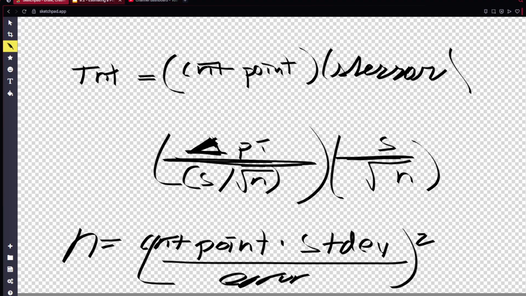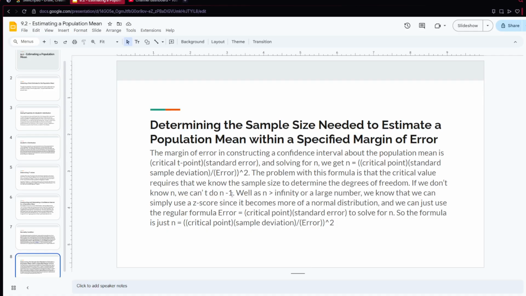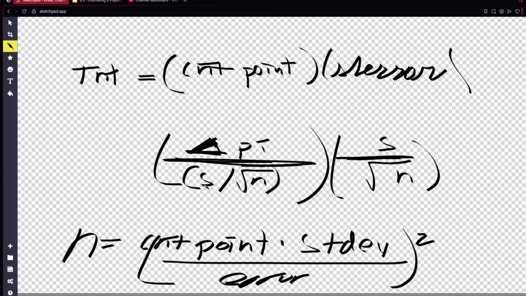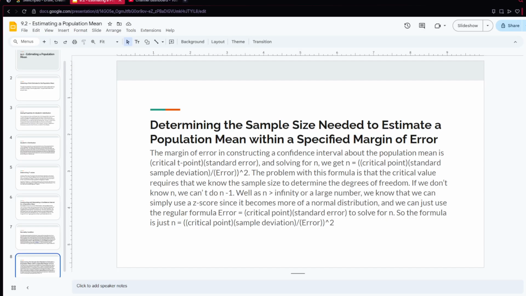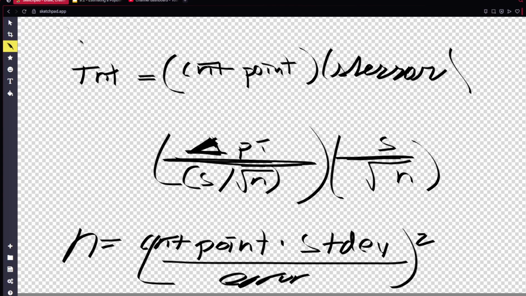But the problem with this formula is that the critical value requires that we know the sample size to determine the degrees of freedom, because how else are we supposed to calculate the critical point and what probability it corresponds to? So there's an error right there because we need to know the degrees of freedom. If we don't know n, which is the total sample size, we can't find the degrees of freedom, which is just n minus 1.